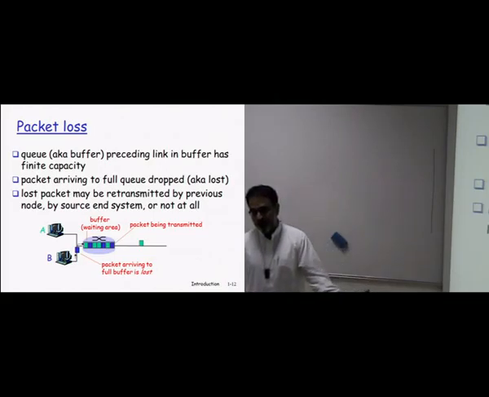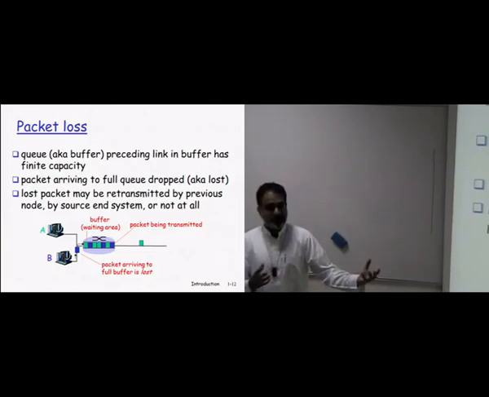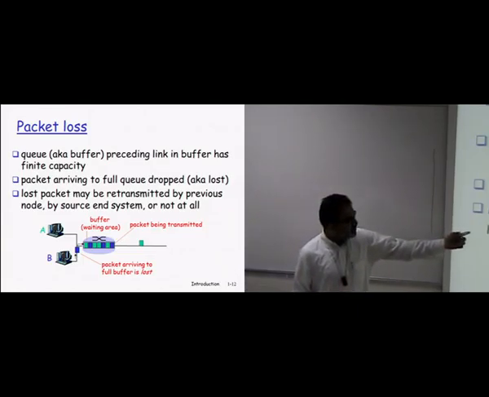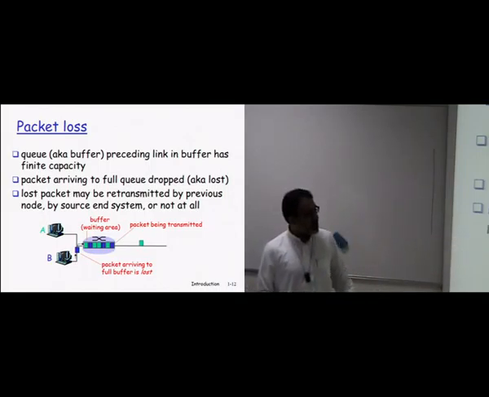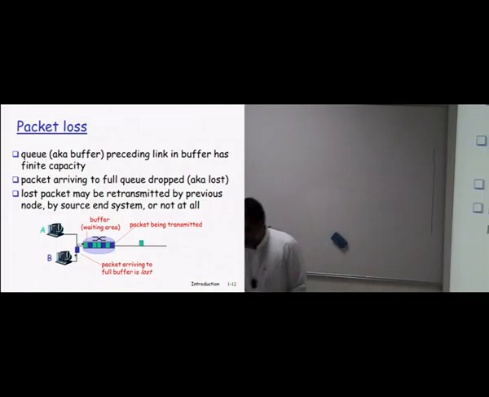If it is full, the new packet arriving at the tail of the buffer will be lost, and packets are taken for transmission from the head of the queue. Clear?